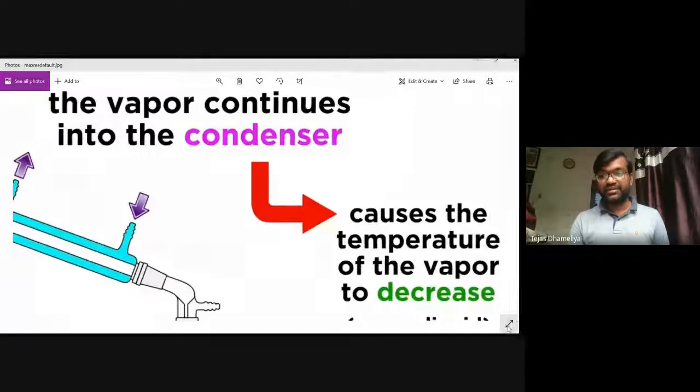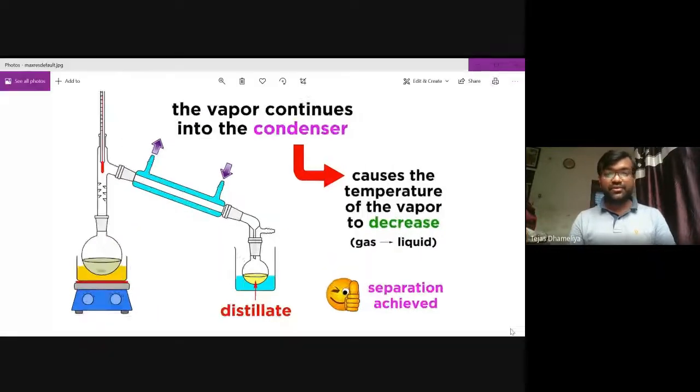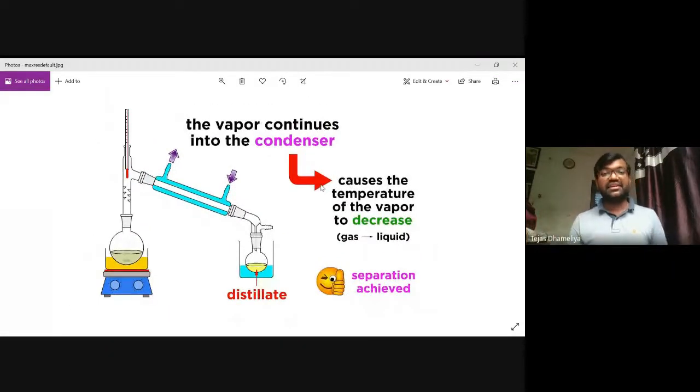Okay, so you might have already seen many distillation process diagrams. Using this we can do the distillation, right? So that you can see on your screen as well.